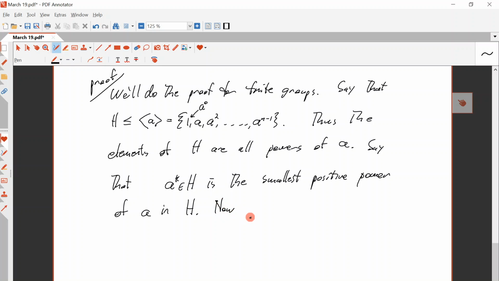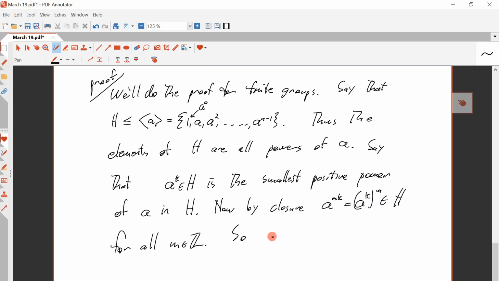Now, by closure, A^(mk), which is equal to (A^k)^m, is an element of H for all m in Z. So the cyclic subgroup generated by A^k is a subgroup of H. The product of any two elements in H has to be in H because it's a subgroup, so any power of A^k is also in the subgroup.